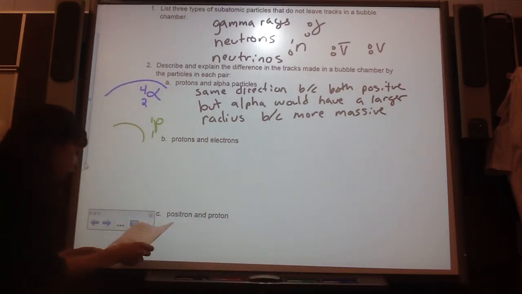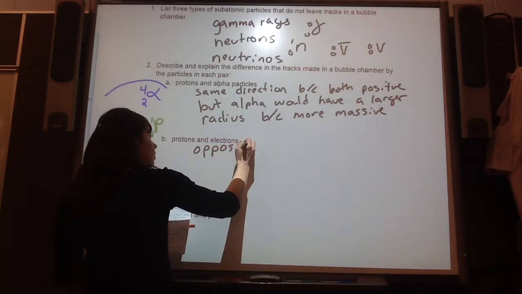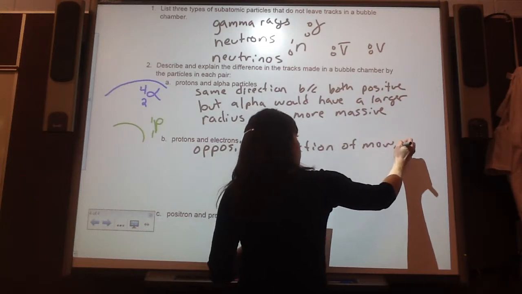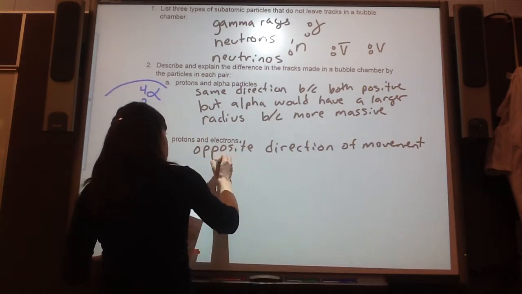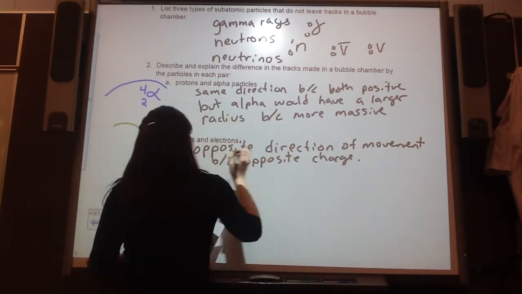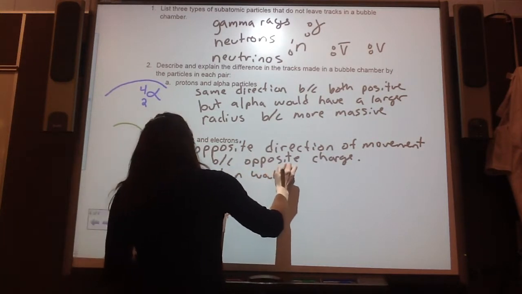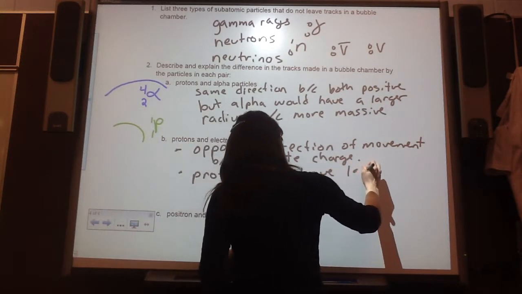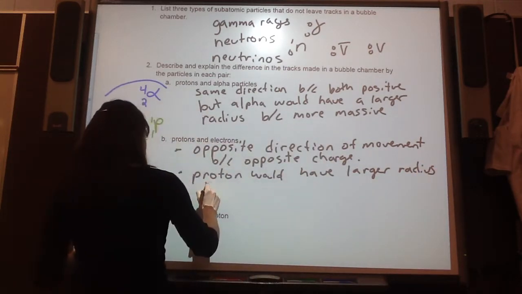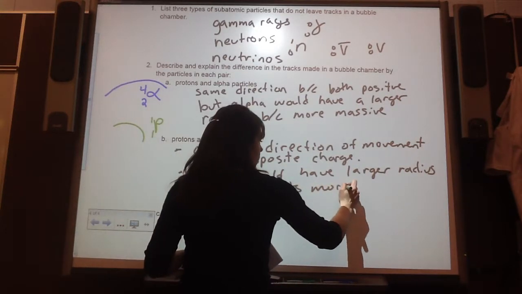So protons and electrons. They would have opposite direction of movement because of opposite charge, and a proton would have a larger radius because it's more massive.